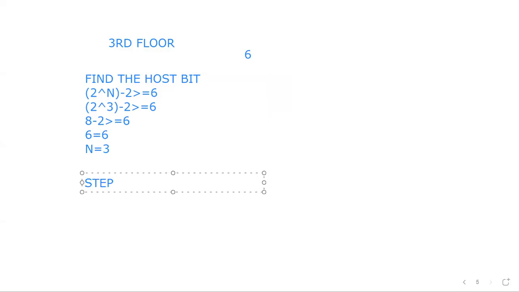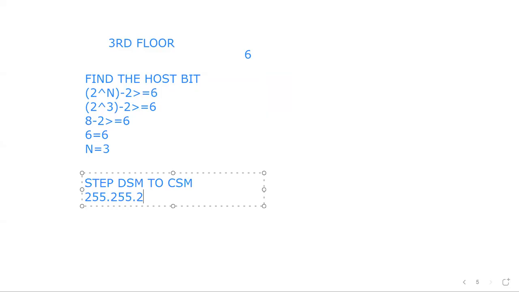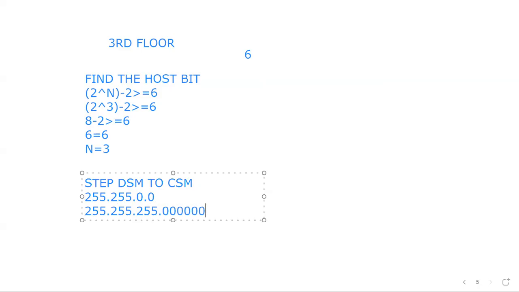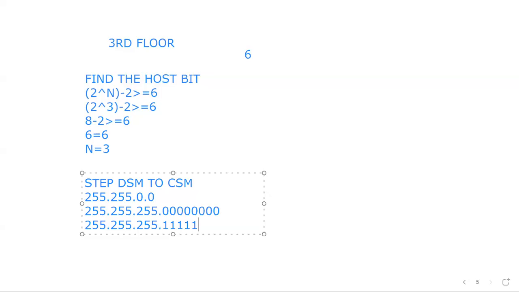Step 2. DSM to CSM. 255.255.255.248, with 3 host bits in the last octet. Okay.